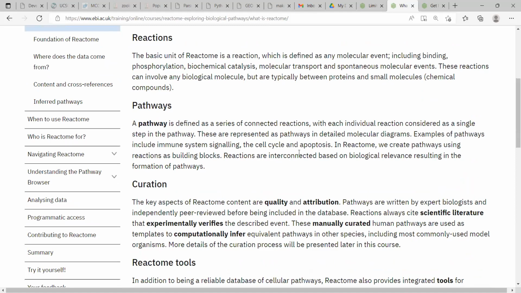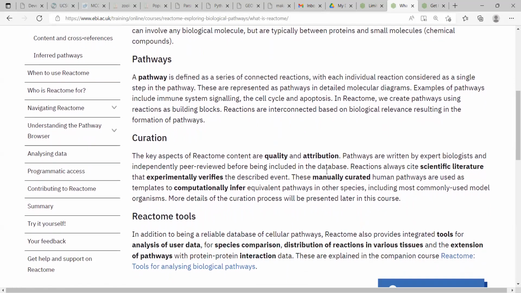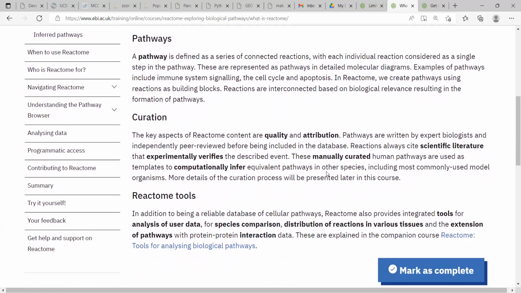These pathways are represented as diagrams. We have seen many different processes like signaling, cell cycle or apoptosis. In Reactome, you can identify this kind of pathways and you can download the pathway data sets also, the genes or proteins which are involved in any kind of pathway.